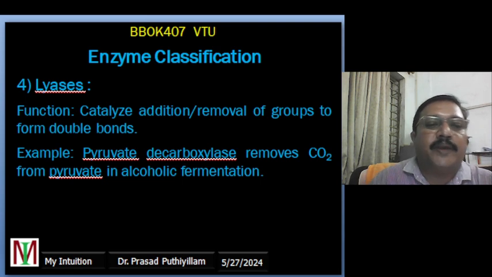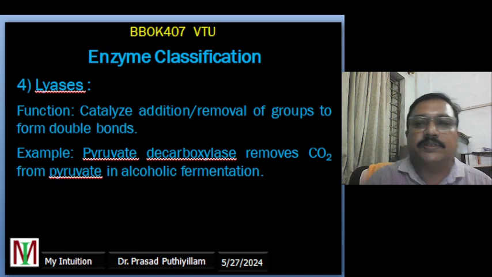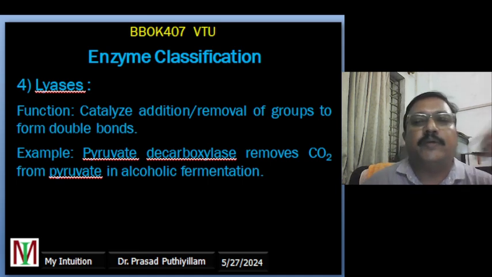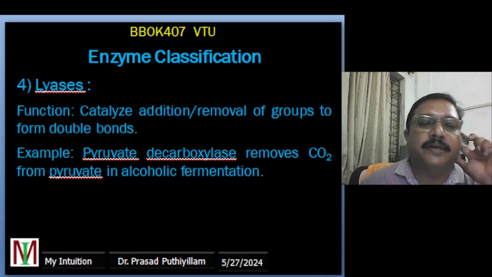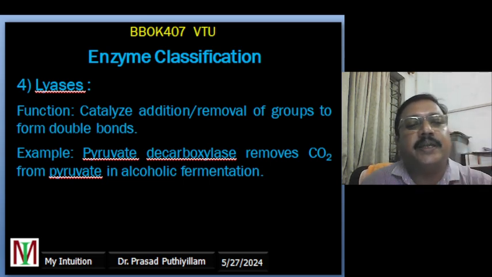Covalent bonds can be single bonds or double bonds; here we mean organic double bonds. Many organic molecules have double bonds in their structure, so a molecule can be added to that double bond, and a molecule can be removed from there also. Example, pyruvate decarboxylase, which removes a carbon dioxide molecule from the pyruvate to form acetaldehyde during the alcoholic fermentation.